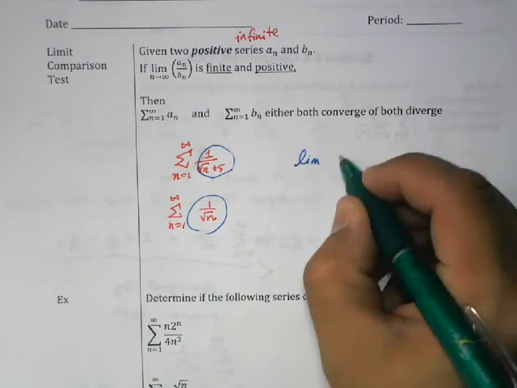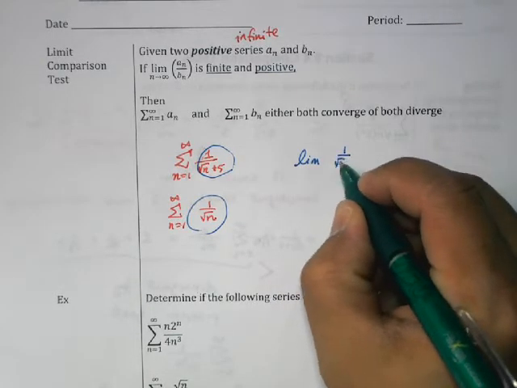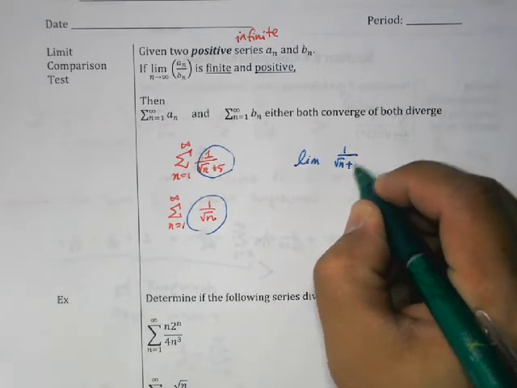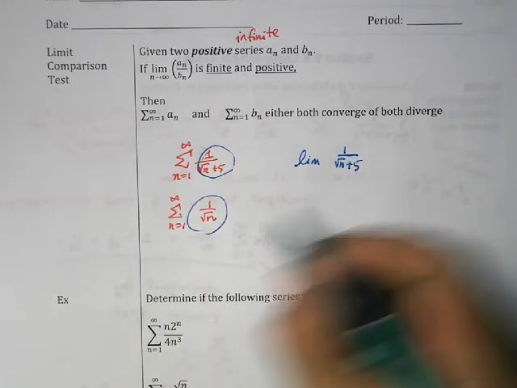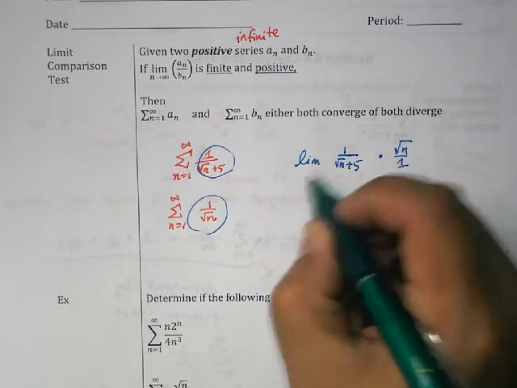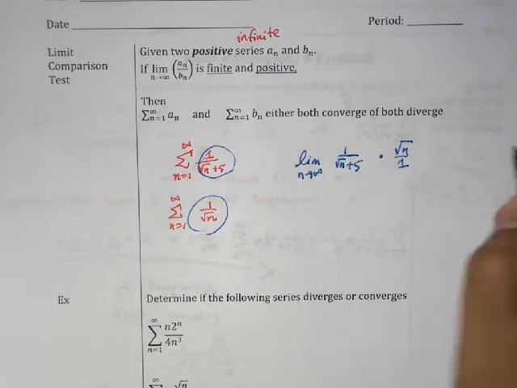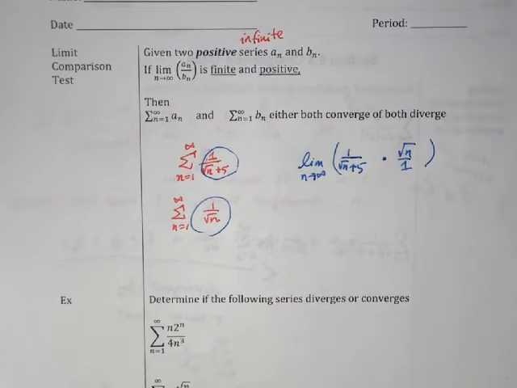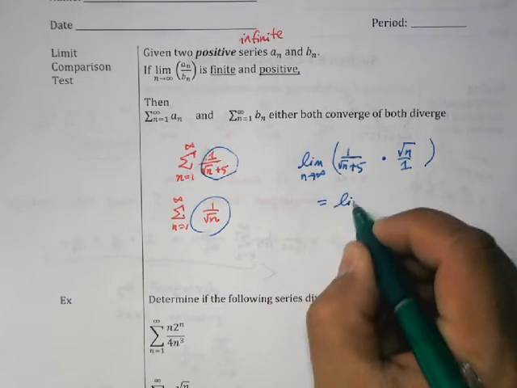Okay, so let's take the first one, 1 over root n plus 5, and divide it by this one. In other words, just multiply by the reciprocal. And take the limit here as n approaches infinity of that whole statement. Then we can do some simplification.